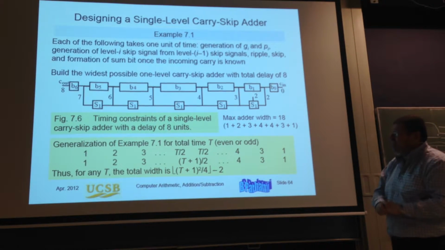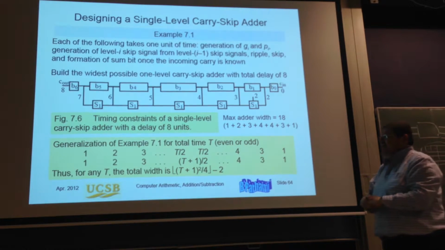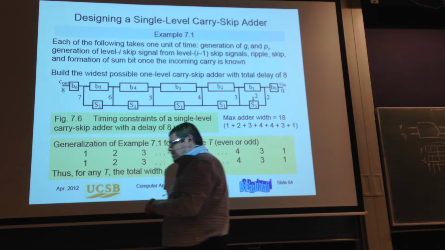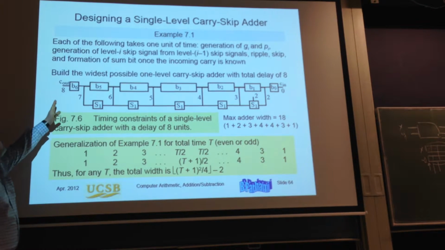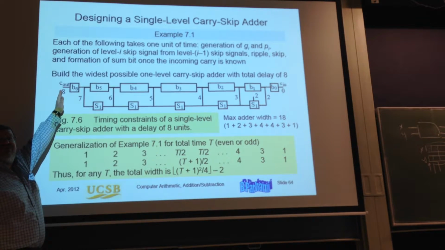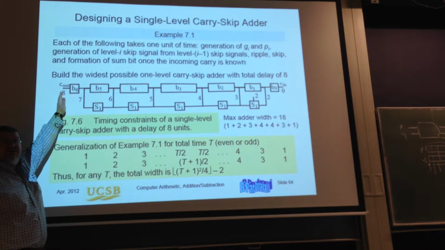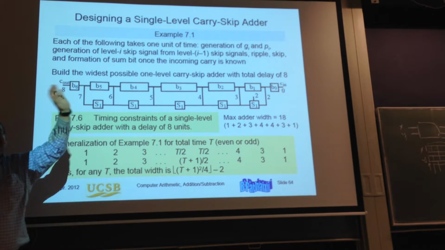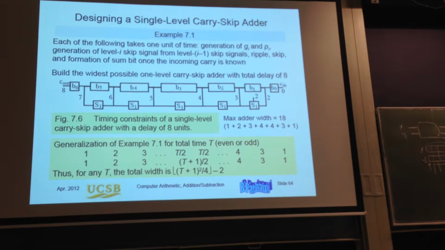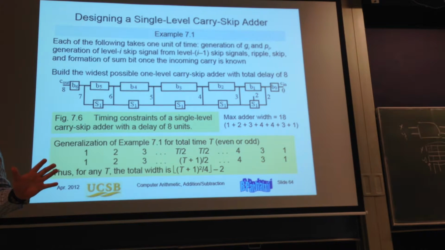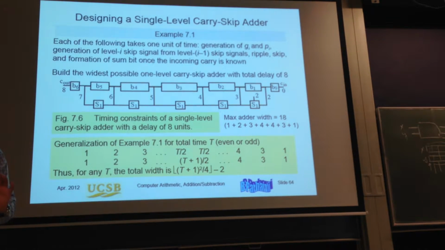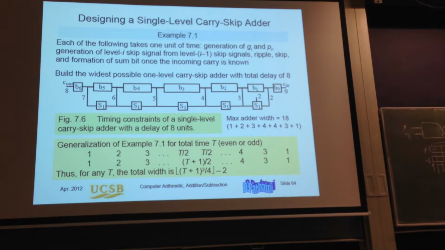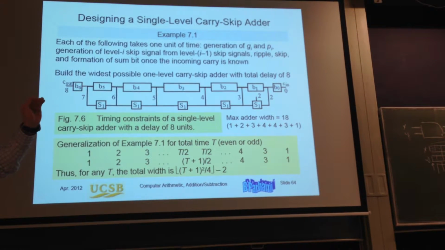I have 7 blocks, and because I want to have the calculation in 8 time units, I have to be sure that the carry out of this will be available in 8 time units, and all other sum bits into the system are also available in 8 time units. If one of them is coming later, my design is not good. I'm assuming the inputs are coming at time moment 0, and then I'm going further.